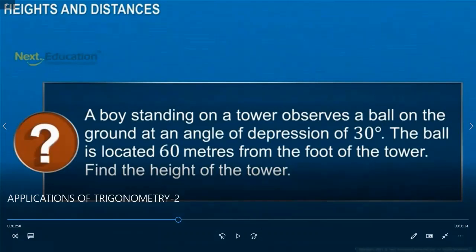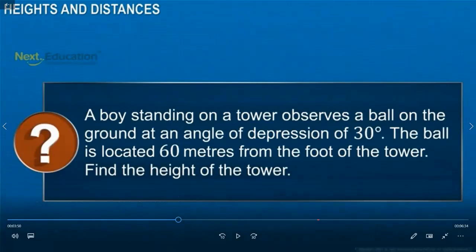Please start writing and draw the figure. Write down the question in short, that is fine, and then start sketching the diagram.